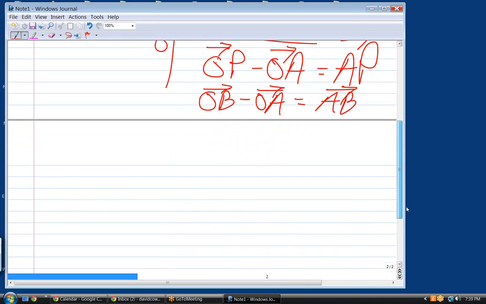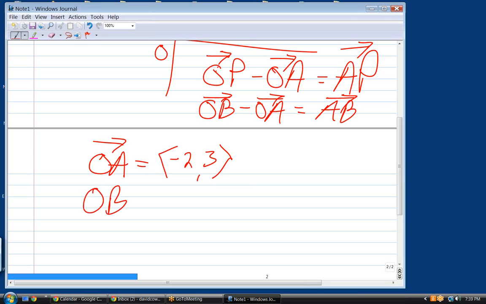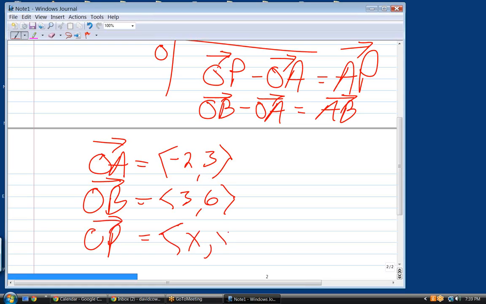What they next do is, since the OA vector is -2, 3, the OB vector is 3, 6, then the OP vector we know is x, y, right, from our picture.